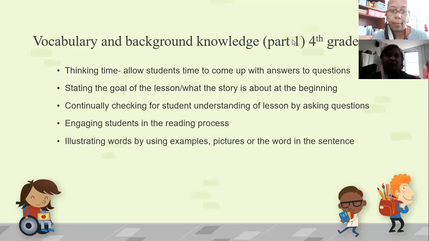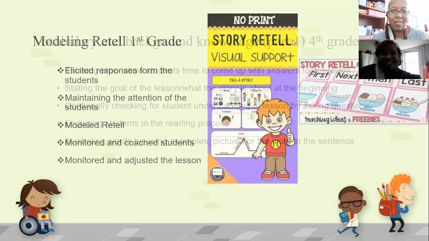Finally, she talked about illustrating words by using examples and pictures of the words in a sentence. This helps our students, especially when we do things like cutouts. They can take the cutout of the word and place it on the word, and that helps them understand what exactly that word looks like. And now I'm going to turn it over to Miss Tamishia Harris.